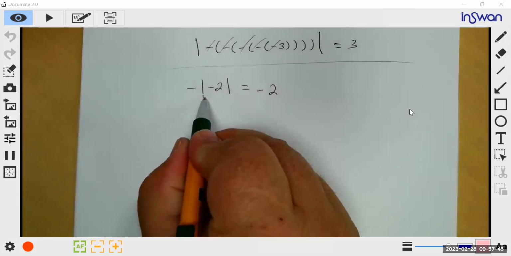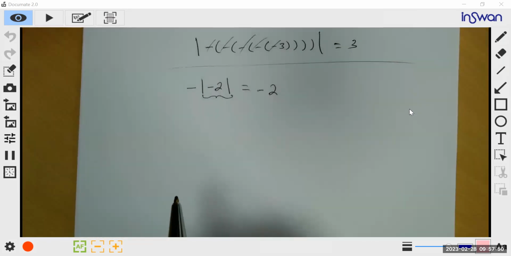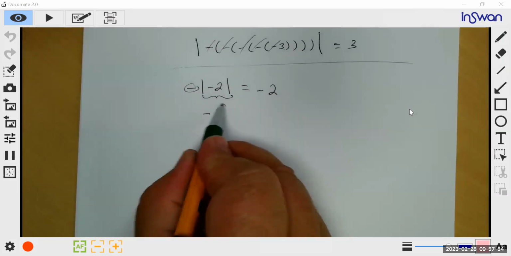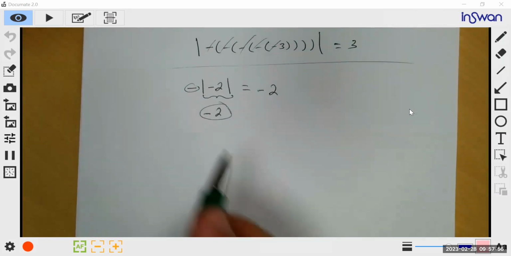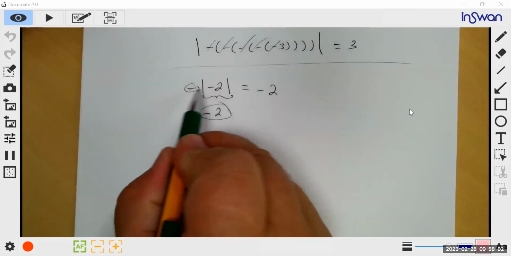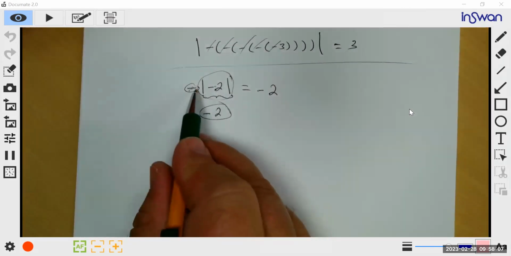You have to do the operation first. Absolute value. What's the absolute value of -2? 2. This negative is still there. There's your answer. If it's outside, you treat it separately. So you don't have the negative thing, you just have to do this first, and then bring the negative down.